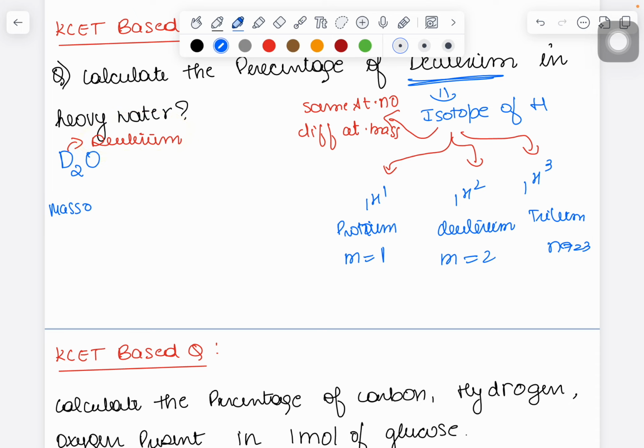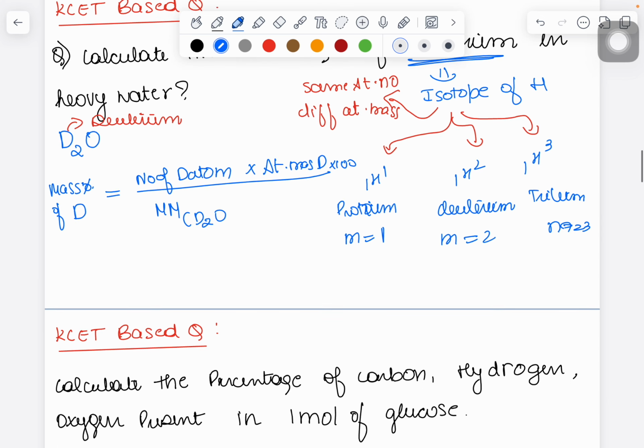Mass percentage of deuterium, D, is equal to the number of deuterium atoms into the atomic mass of deuterium, divided by the molecular mass of D2O, into 100. The number of deuterium atoms is 2, with atomic mass 2.